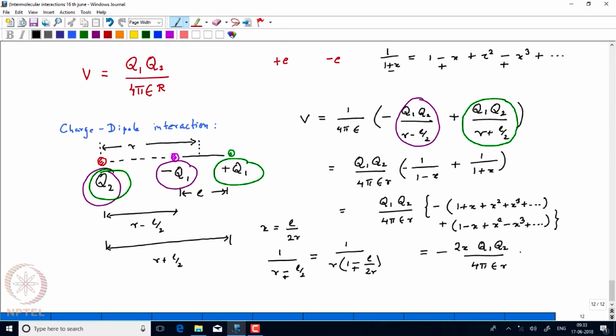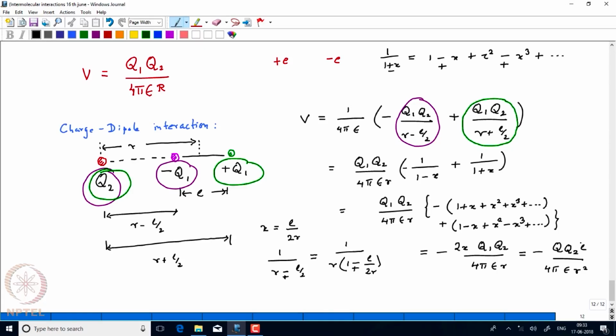So it will be minus Q1 Q2, and it is L by 2r, so 2x will be L by r, L divided by 4 pi epsilon, and then instead of r I'll have r square, because it is L by r.